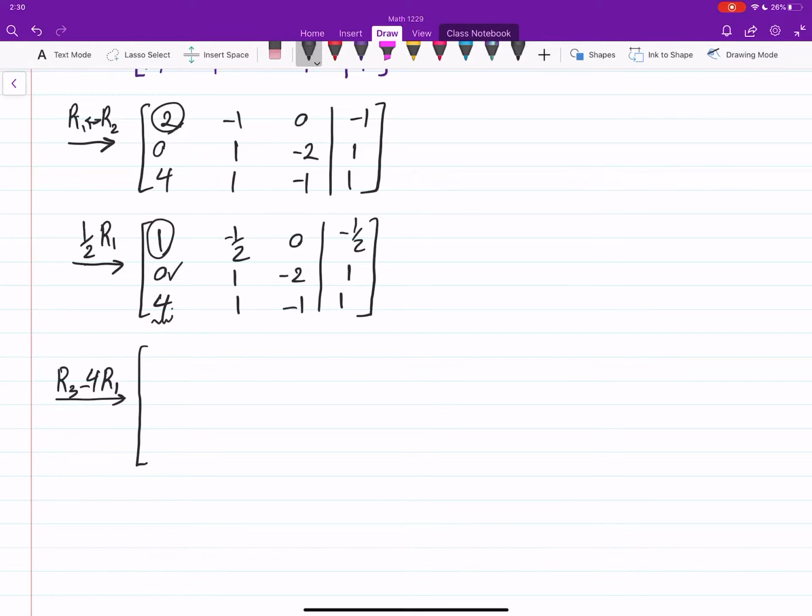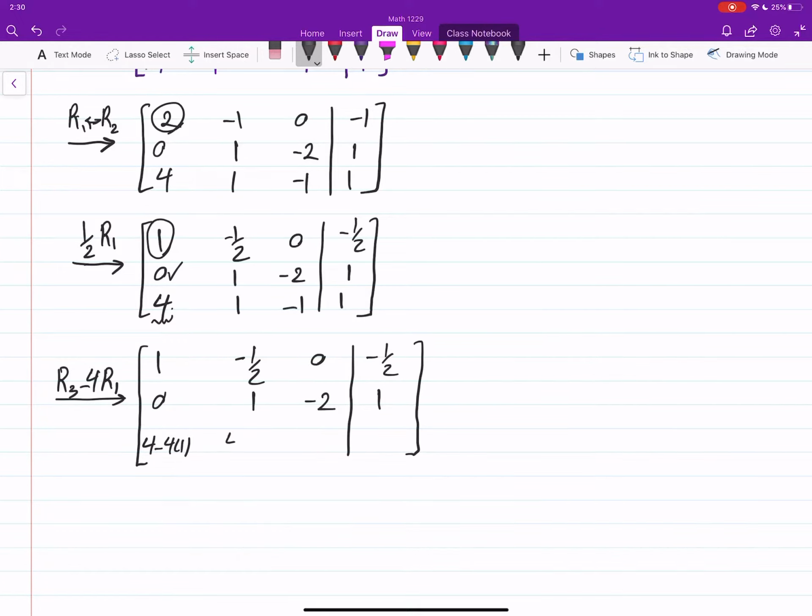So 1, -half, 0, -half is as before. We are not touching any of row 2, but here this is 4 minus 4 times 1.